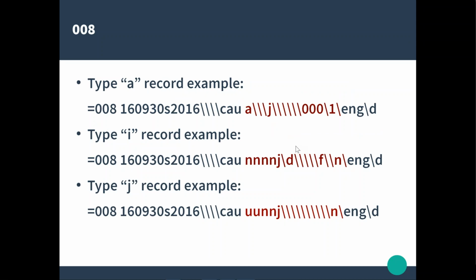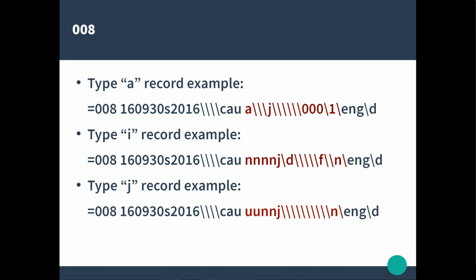So you can see in the 008, we have an 008 for type A, type I, and type J records. If you look at that first half, you'll see that all of that is the same. That's 160930 all the way through CAU, right? That's all the same because that's basically the publication information, like publication date and publication location.